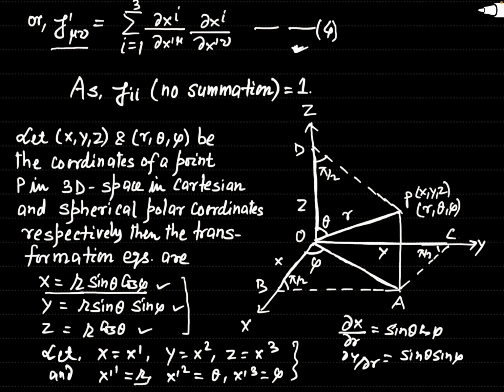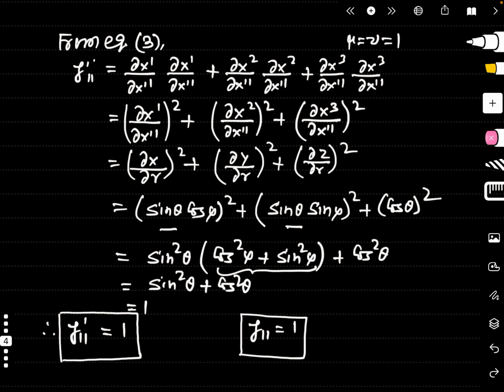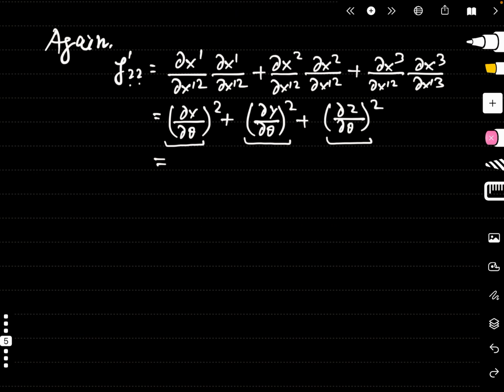I will write these things directly there. Then you have to find del y by del theta. That will be r cos theta sin phi. And del z by del theta, see here, this will be minus r sin theta. Have you understood? Now put these values in your equation here.